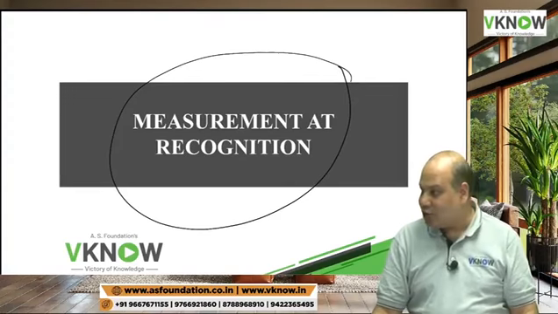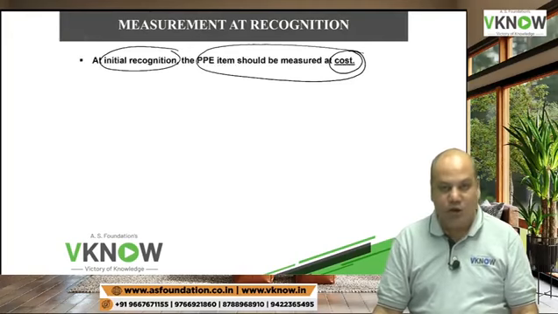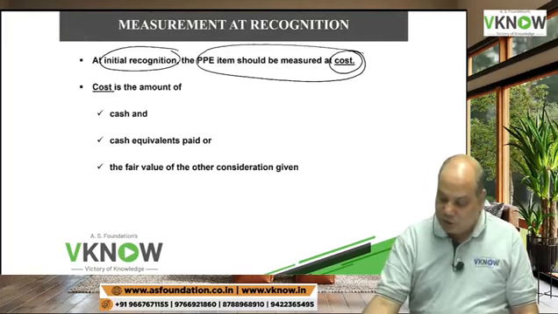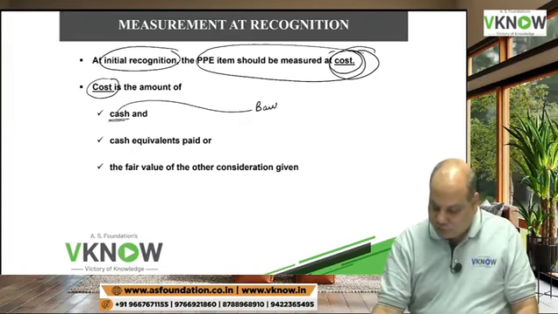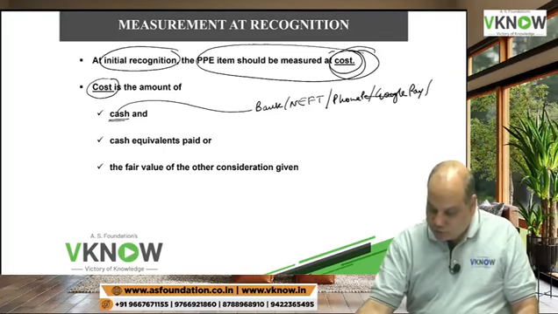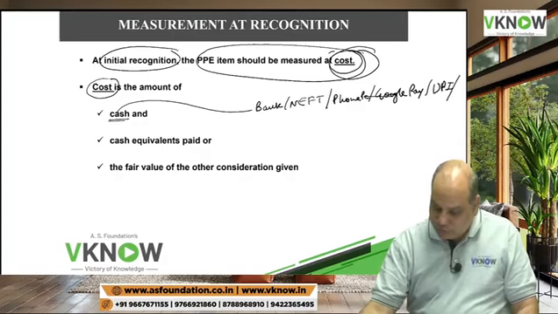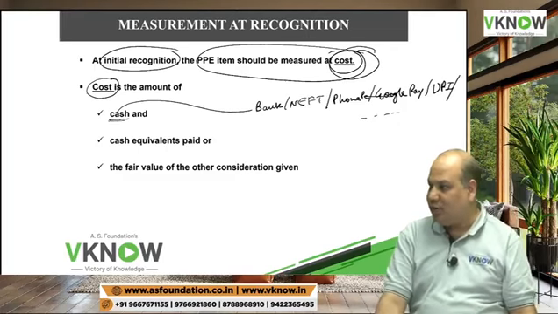Measurement at recognition. At what amount will the PPE be initially recorded? PPE will be initially recorded at cost. What is the meaning of cost? Cost means the cash. Cash means bank transaction also, NEFT also, PhonePe also, Google Pay also, UPI also, etc. All this is considered as cash payment, immediate payment.